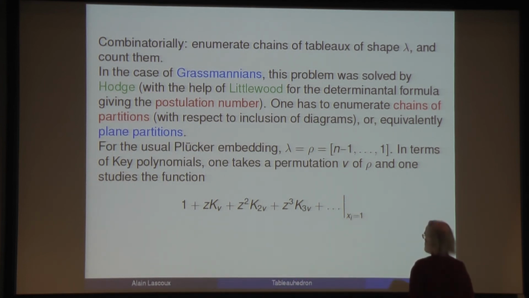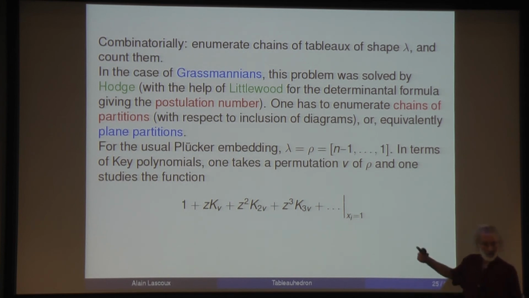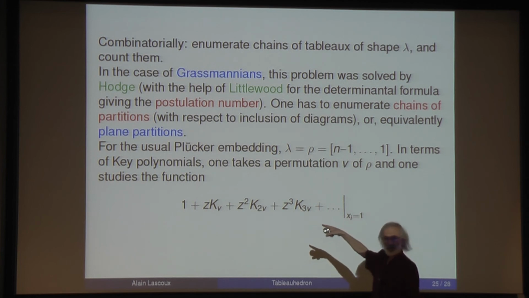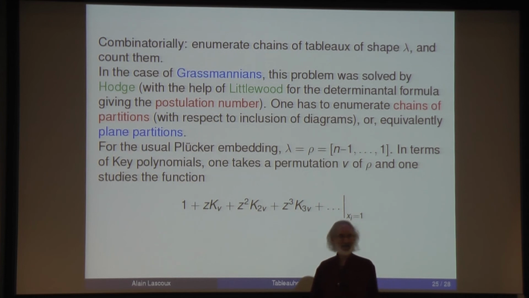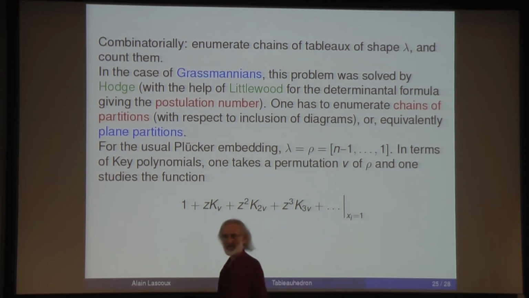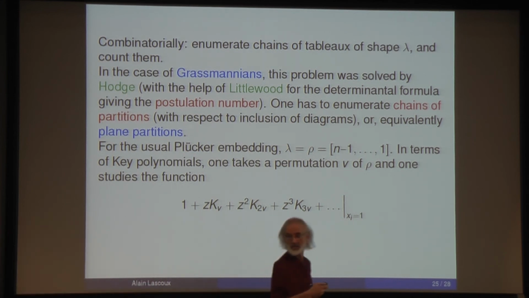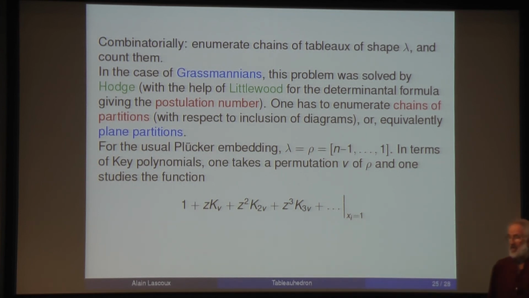And in more general terms, for the flag variety and the general Schubert variety, you take a Demazure character, and the Demazure character indexed by twice the same index, and the Demazure character indexed by 3 times the same index, and you also specialize the variable to 1, and you must get something that you interpret as giving the dimension of the intersection, the postulation.